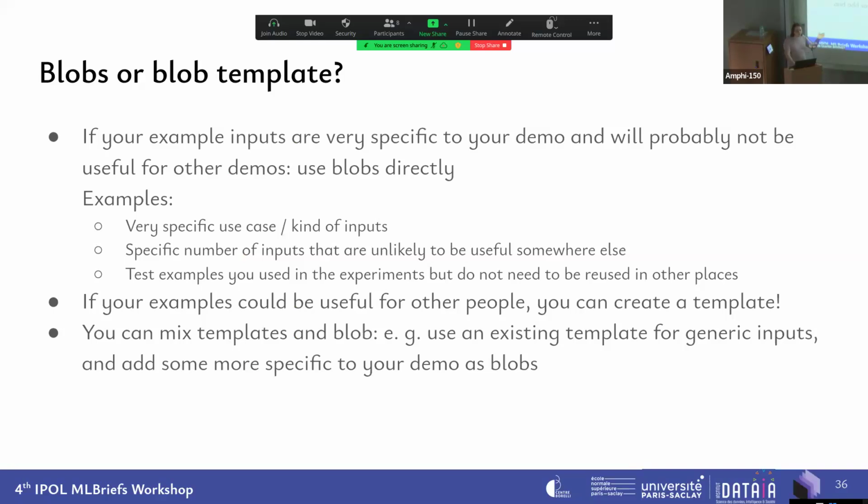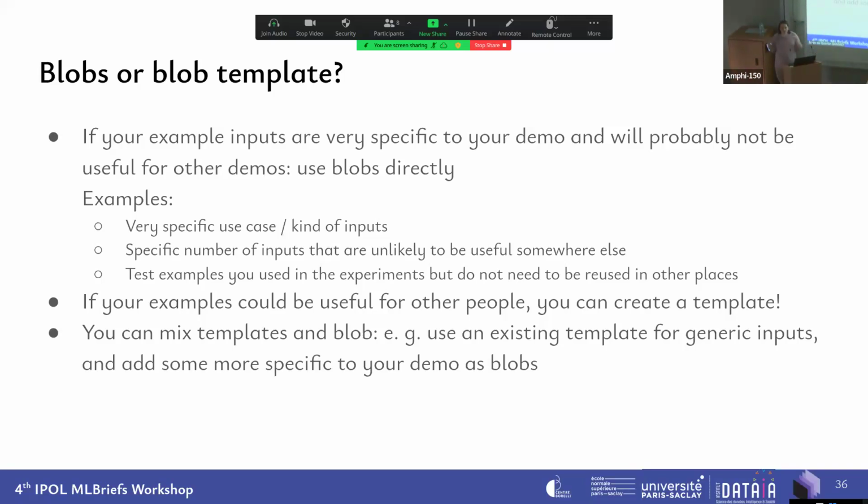So how to choose between blobs for your specific demo or blob templates? If your inputs are very specific to your demo, and probably they will not be useful for other demos, then it's much easier to use blobs directly.